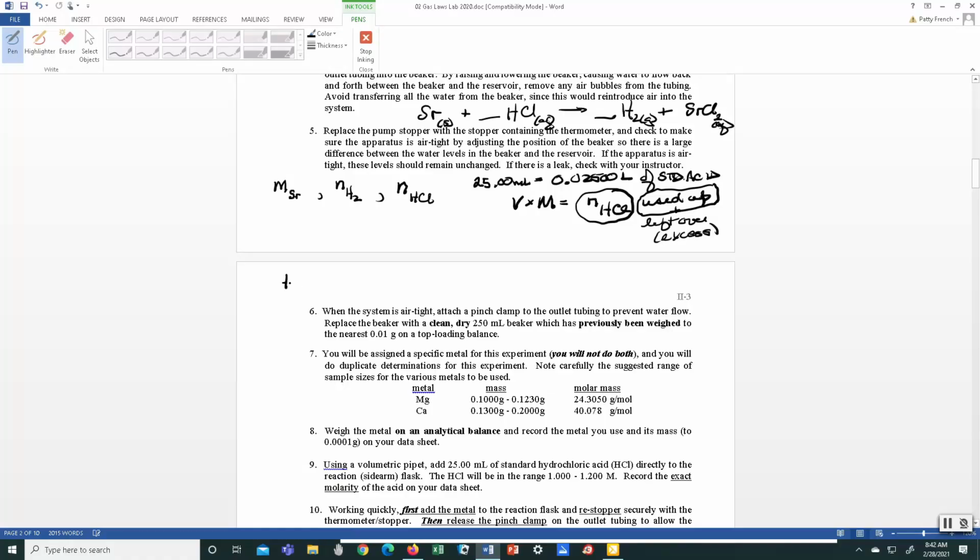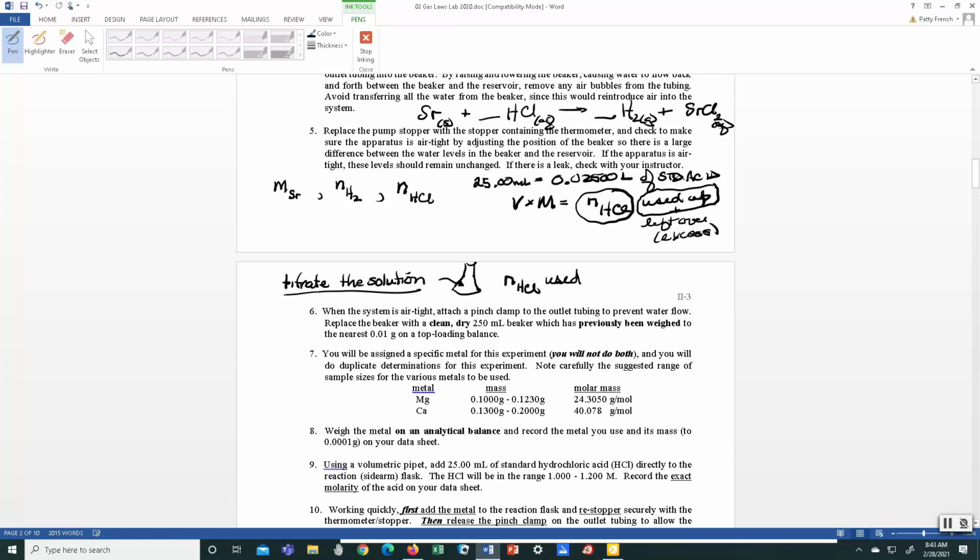We can titrate that leftover. So how we're going to find the moles of hydrochloric acid that were actually used in the reaction is by titrating the solution, and this is the solution that's in the Erlenmeyer flask, in that reaction flask. We're going to titrate that and find the number of moles of hydrochloric acid that were used.